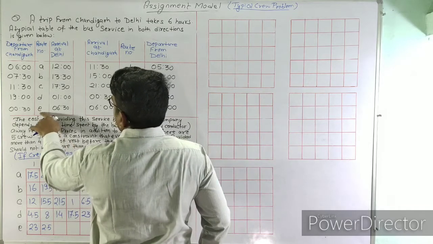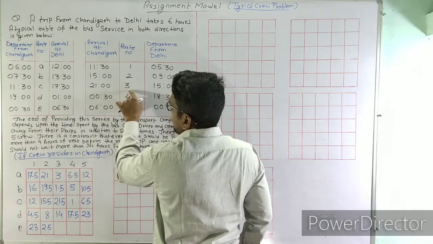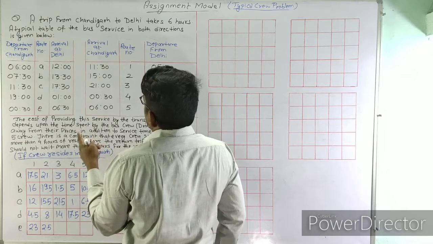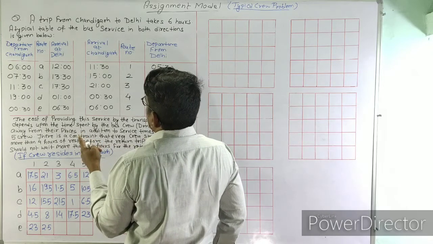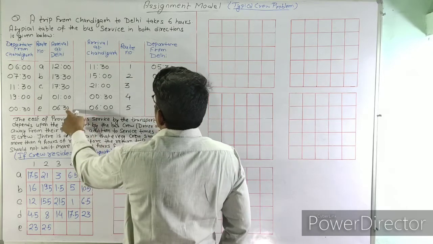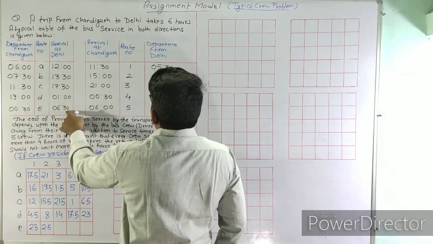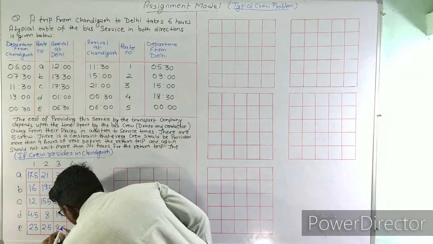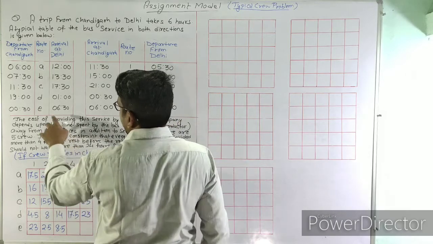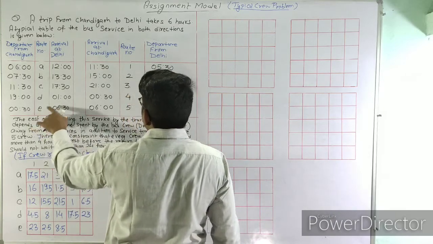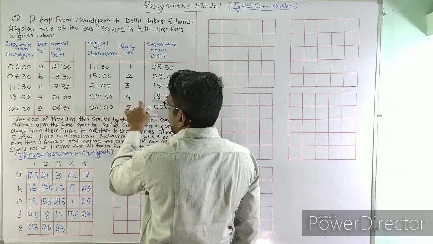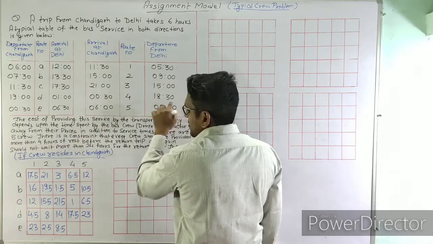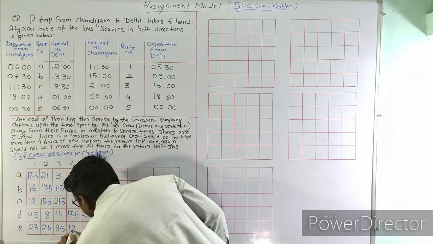If it arrives from route E and departs from route 3, it will have 7 plus 8. This is 8.5 hours. And if it arrives from route E and departs from route 4, this is morning 6:30, this is evening 6:30, so this will be 12 hours.